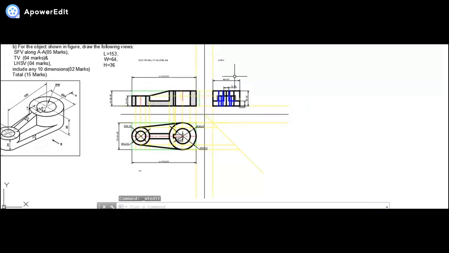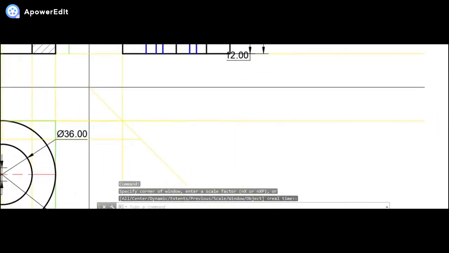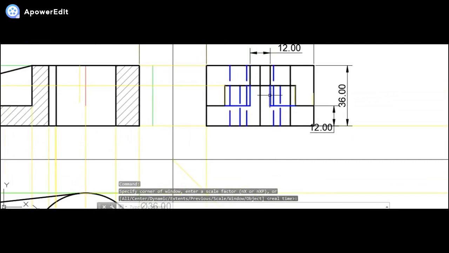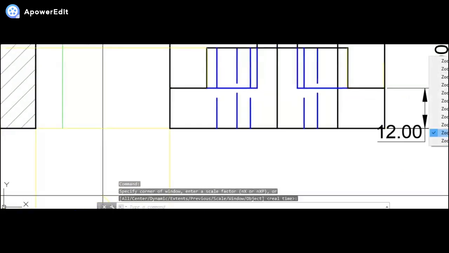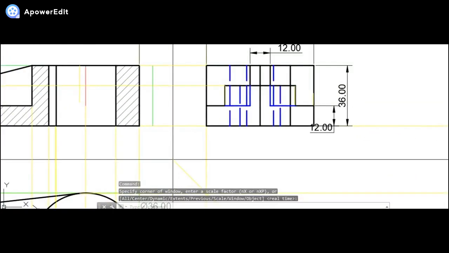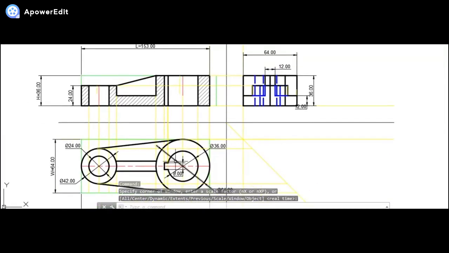As you all can see, just a bit of points that we have missed out over here. What I can show is over here, some of the areas that we have missed. Now this particular slot which was there over here has to be shown in the side view, and even over here it will be shown like this.